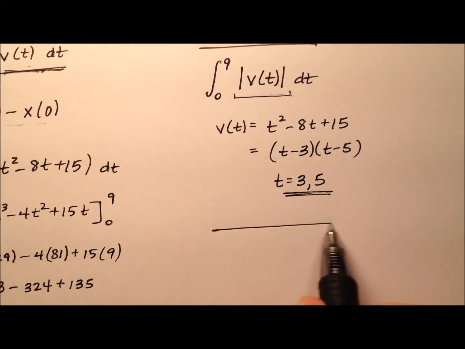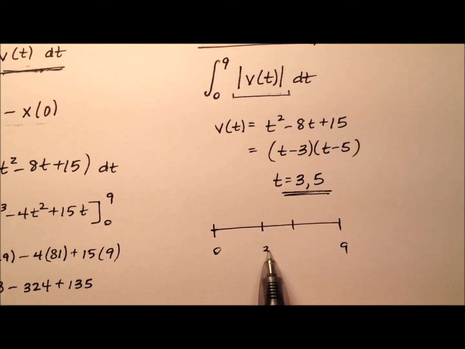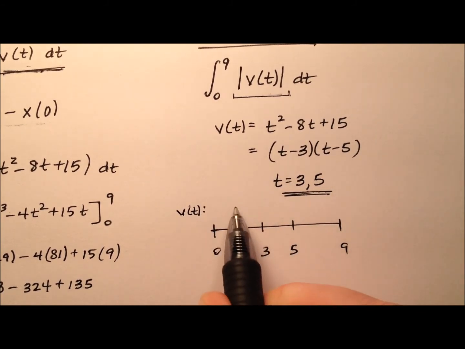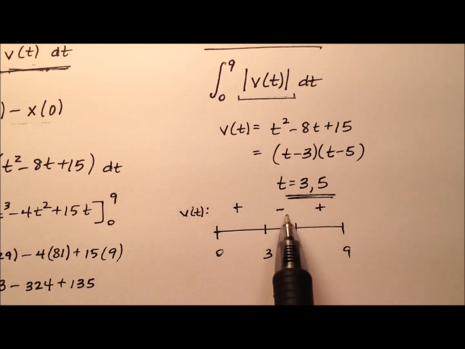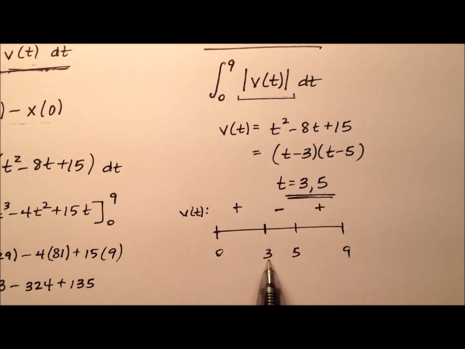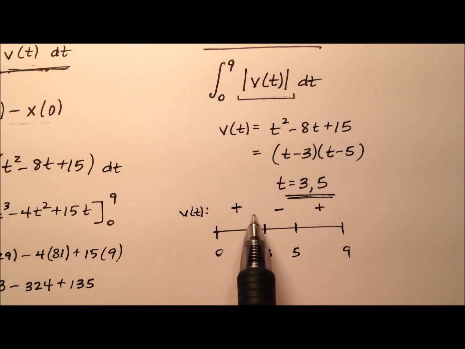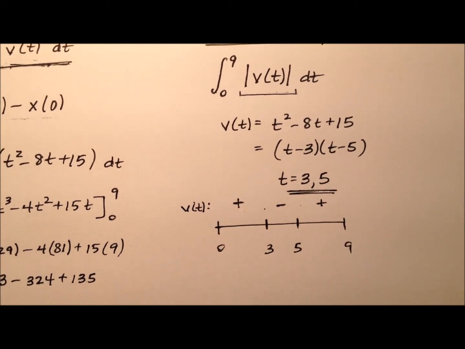And we also knew that from 0 to 9, our velocity function was positive, then negative, and then positive. So he turned around at time t equals 3, and he turned back around at time t equals 5. So he's traveling all happy to the right, turns around for a while and goes left, and then stops, turns around and goes right again. So the total distance traveled needs to take into account all of these things.